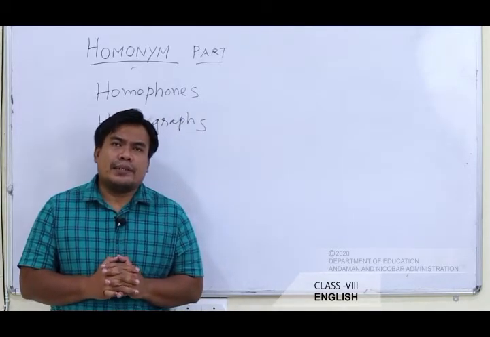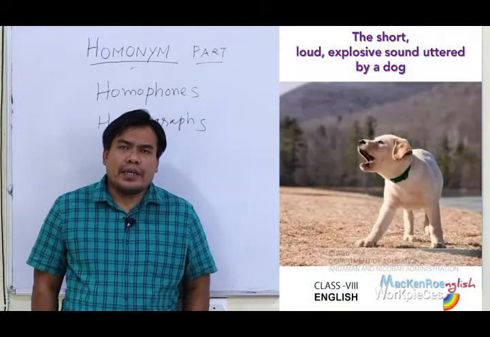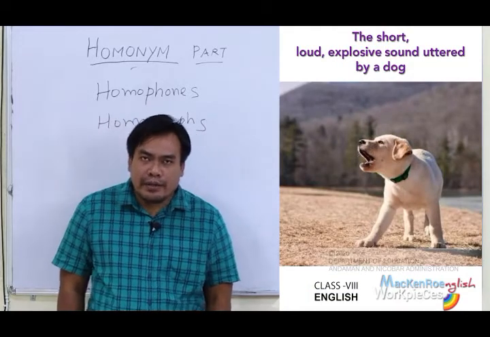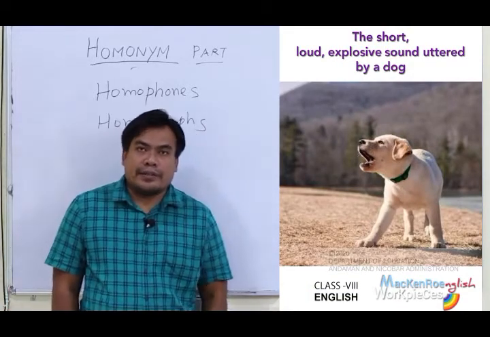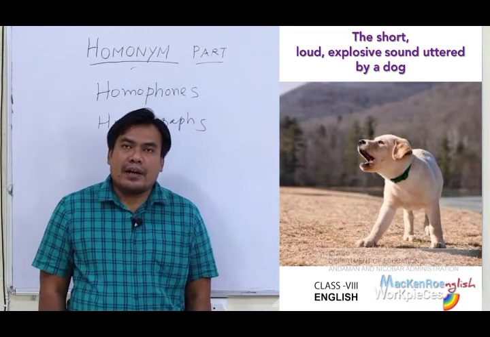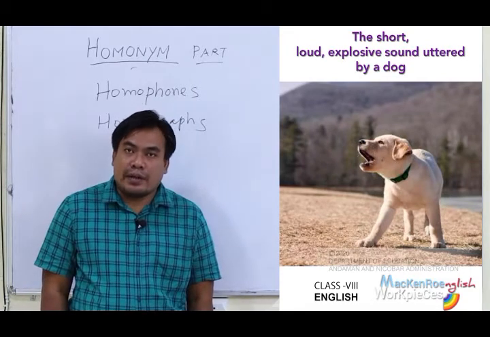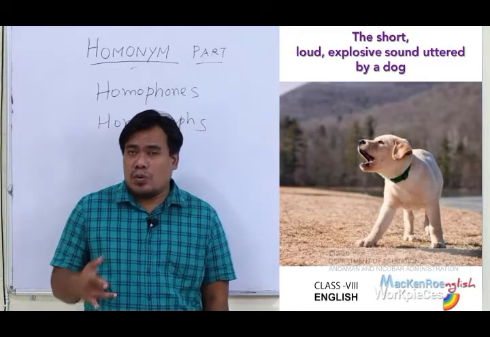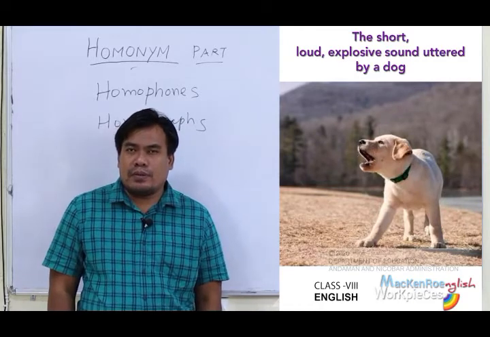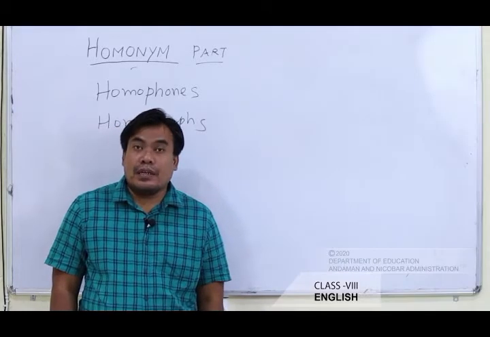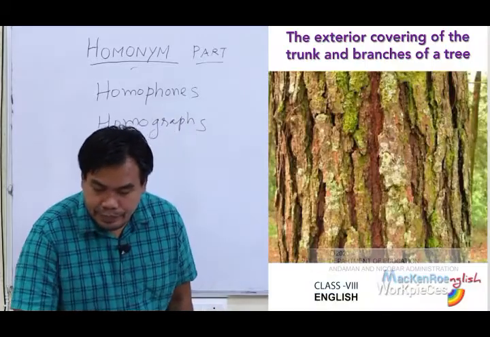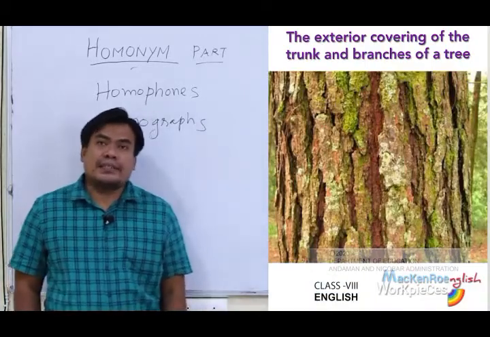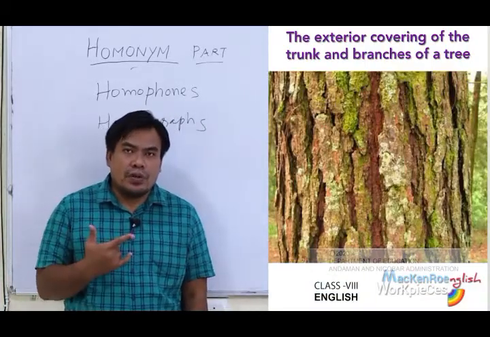You can see a dog over there, and what that dog is doing is barking. The dog is barking, okay? B-A-R-K-I-N-G, barking, or bark. So think of the other one. What could that be? The bark of a tree. The exterior covering of a tree is called bark.